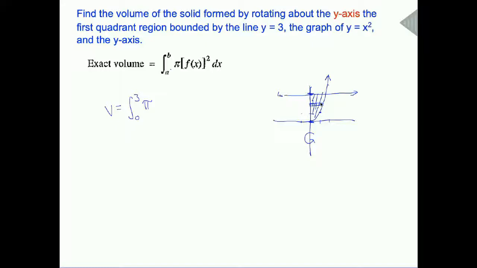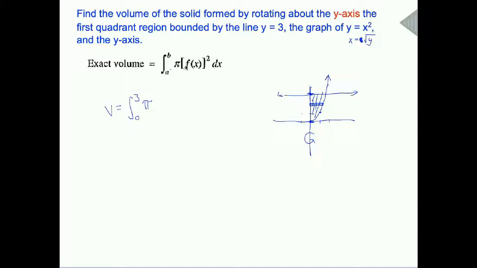This time our radius is going to be this way, so it's whatever x is equal to, because our radius is a horizontal distance, which is an x value. So we want to figure out what x equals. We take the square root of both sides, and we know x equals plus or minus the square root of y. Now we only want the first quadrant region, so we don't need the minus sign. So x is the square root of y.